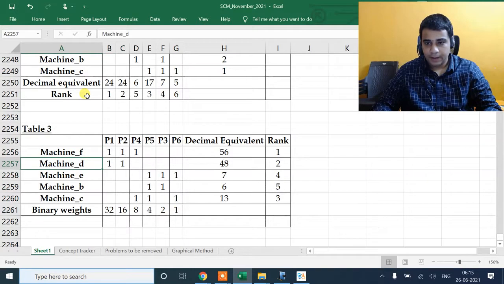Rearrange binary weights, decimal equivalent, and then the rank.